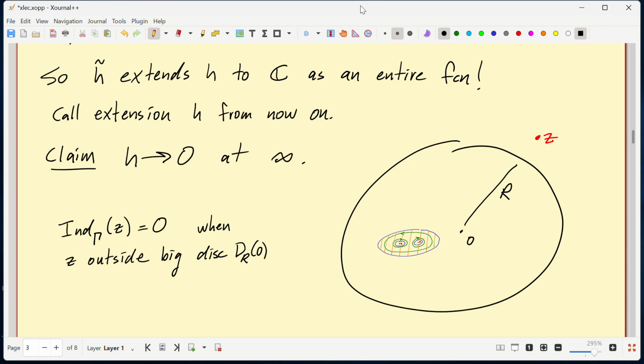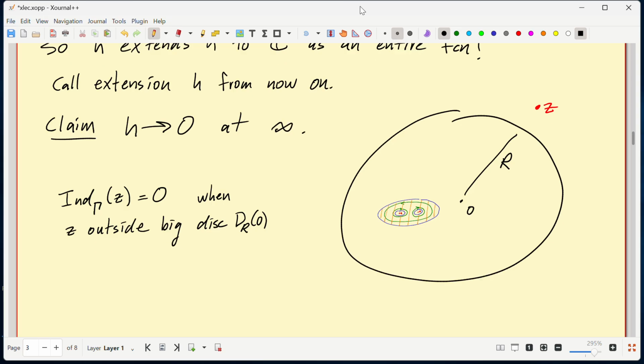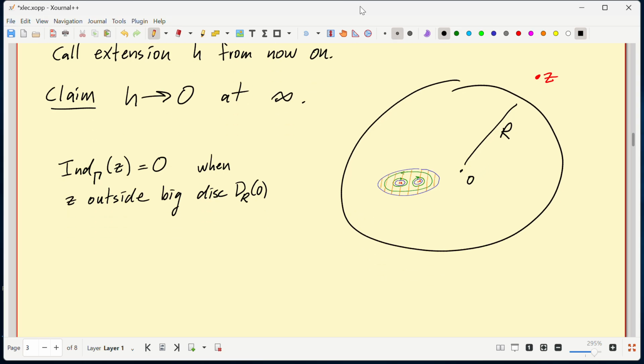Okay, so that's in the picture, and that means for z like in the picture there, let's see, h of z, by definition, would be... Remember, when the index was 0, a piece went away, and it was just this part of the integral.